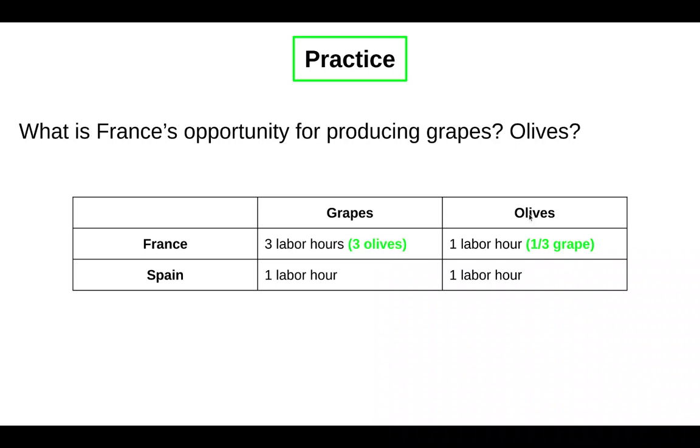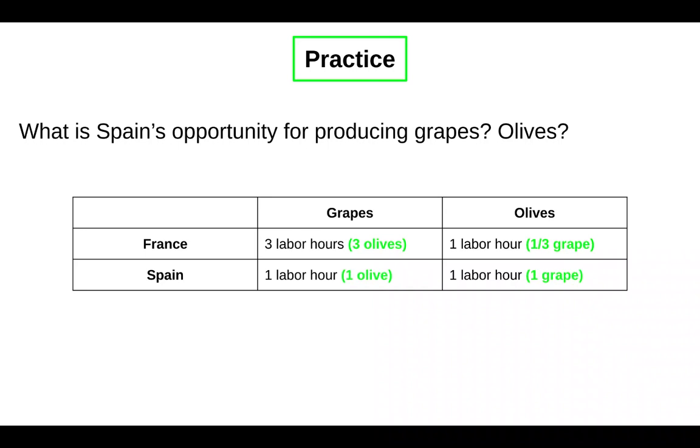What do I give up to produce olives? Grapes. And then for Spain, it is going to be 1 olive and 1 grape, because it's 1 divided by 1. So even if you put the wrong one on the top and bottom, you still got the same answer, 1 olive and 1 grape.